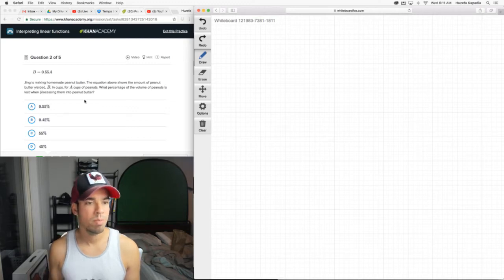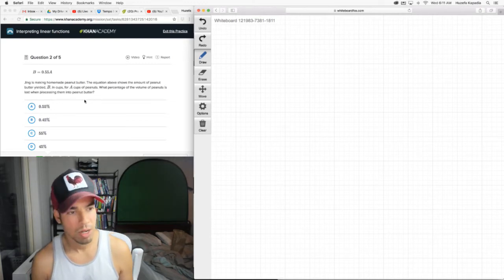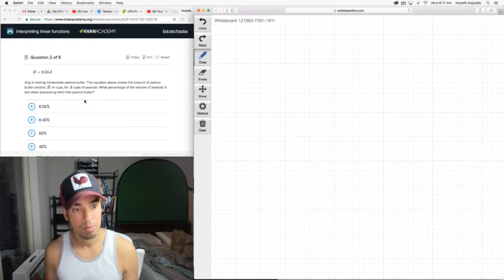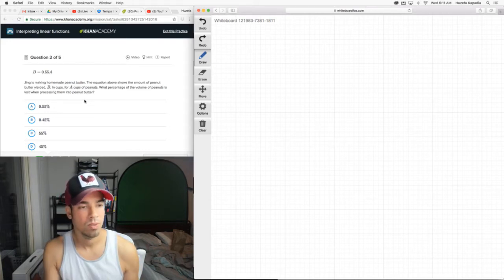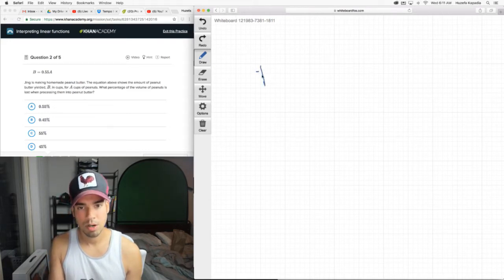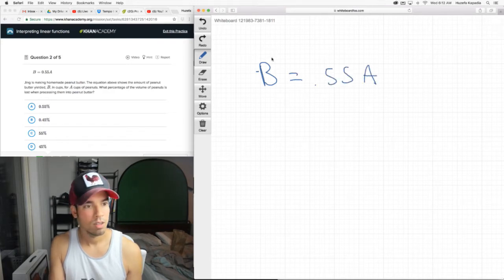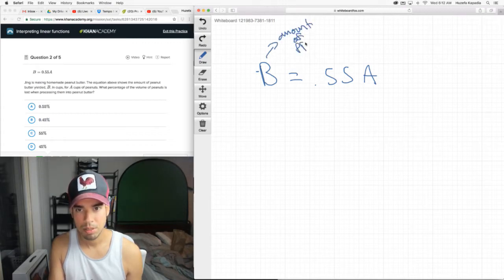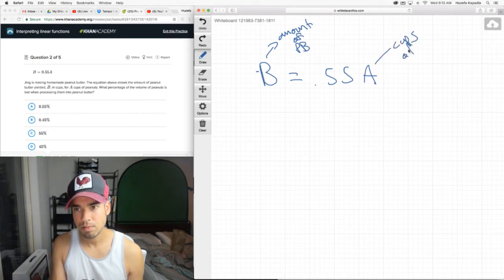Jing is making homemade peanut butter. The equation above shows the amount of peanut butter yielded, B in cups, for A cups of peanuts. Let me write it over here: B equals 0.55A. So B is the amount of peanut butter, and A is cups of peanuts.